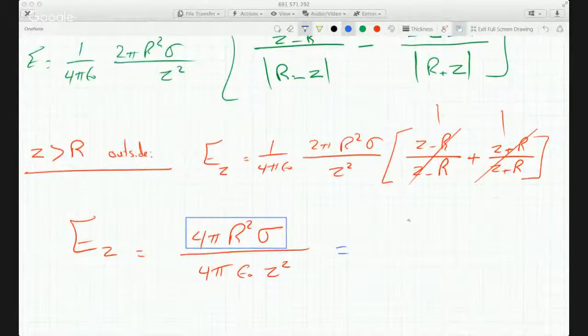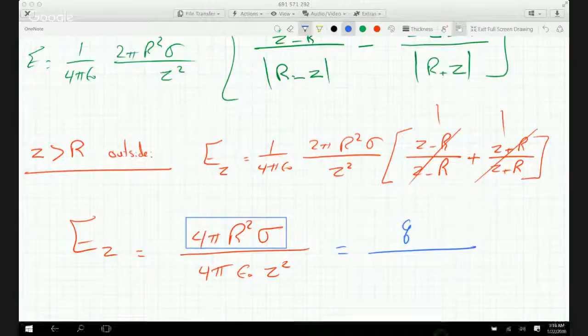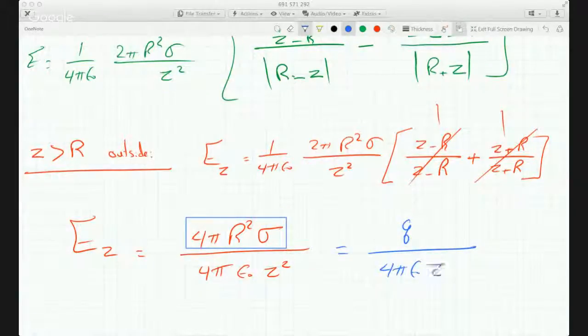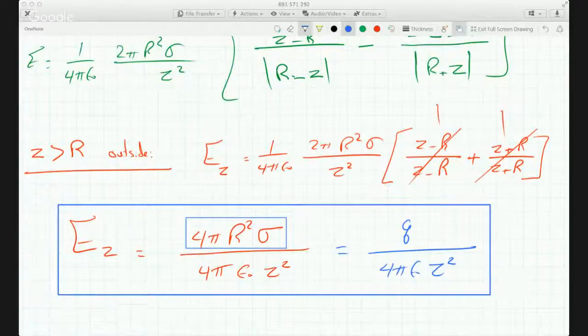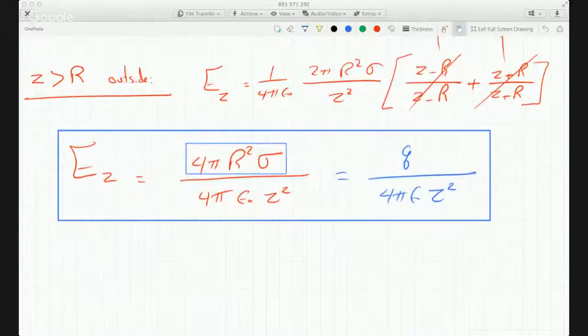So that is just Q over 4 pi epsilon z squared. Right, exactly. So that's a point charge electric field. I mean, it's as if you're seeing this entire surface charge at a point with charge Q.